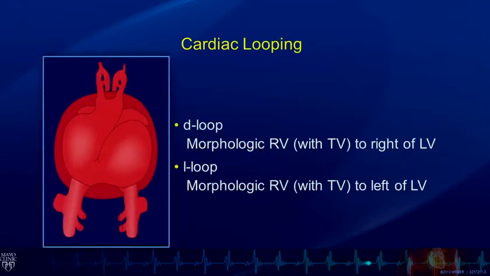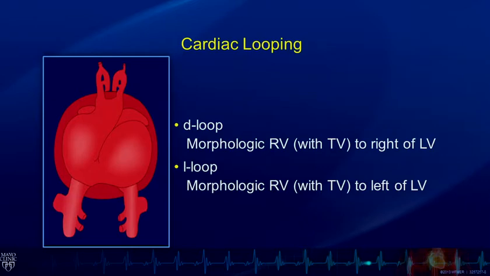Now, cardiac looping is another noteworthy and important feature that we need to touch on. In fetal life, the heart starts as a tube, and early in its development, it goes through a process called looping.